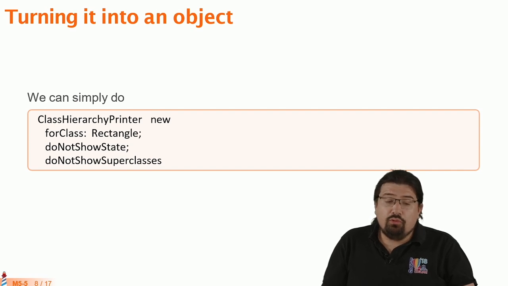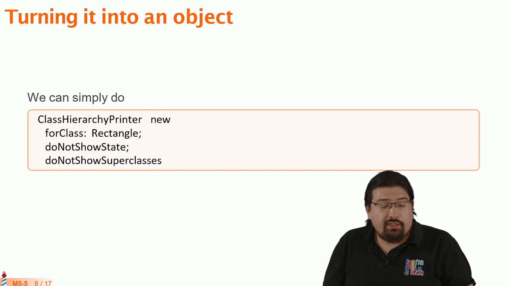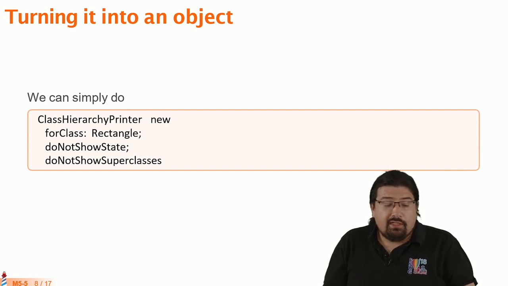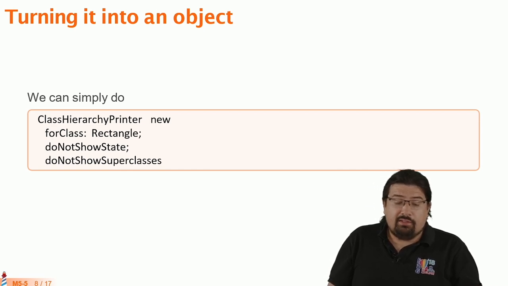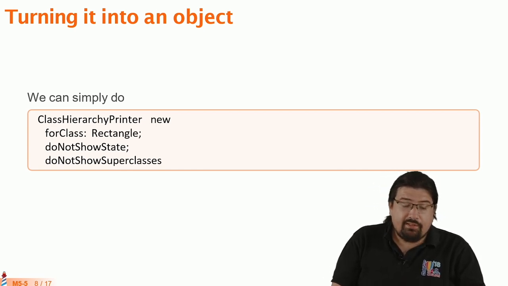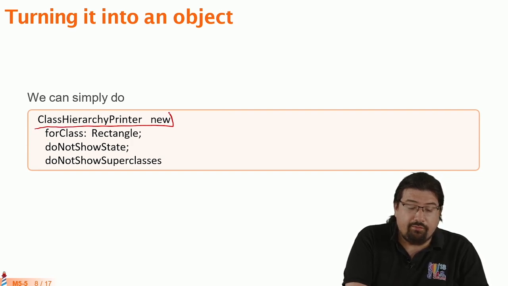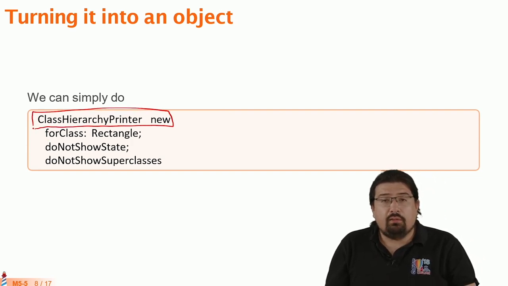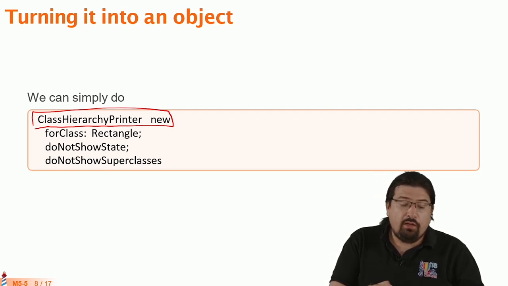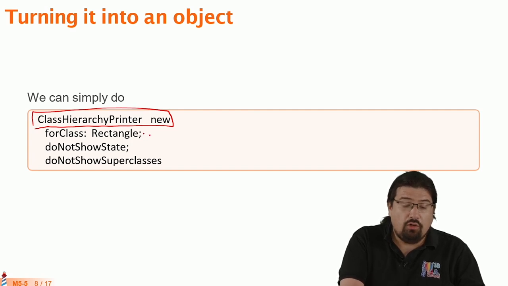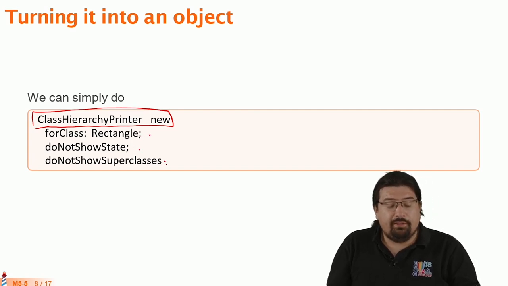So what we want to do is turn this procedure into a simple object that we can configure in a simple way. If we want to configure our printer in the default way, we just create it, because when we instantiate this printer it will have the default configuration, and we send messages only to modify the behavior that we want from it.